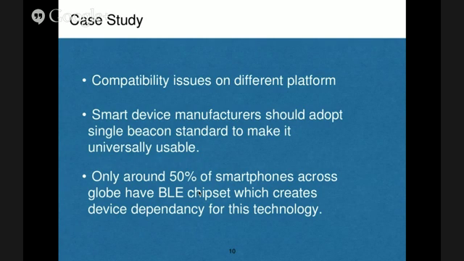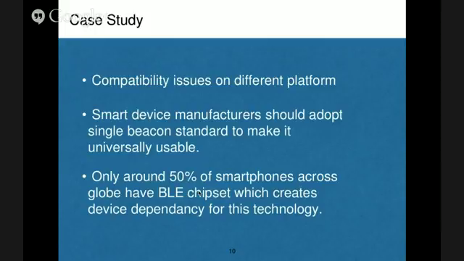Only around 50% of the smartphones across the globe have a BLE chipset, which creates a dependency on this technology. According to the study released by Android and Apple in 2014, of the smartphone devices in the market right now, only 50% have the BLE chipset in them.